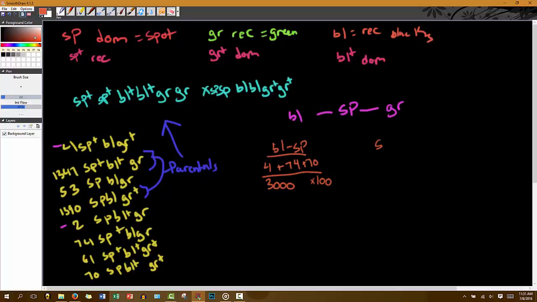Now you're going to do SP to GR. They're always opposite. SP is positive, GR is negative, SP is negative, GR is positive. So if they're the same, then you can count them. So we're going to count 53 this time.